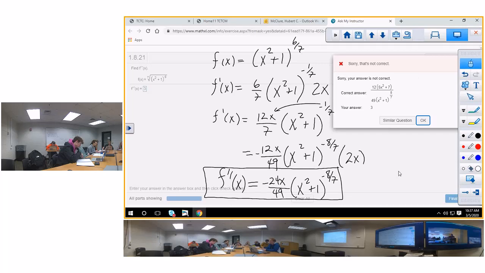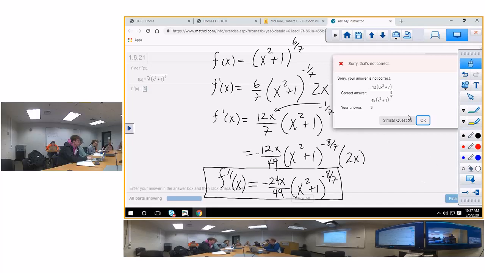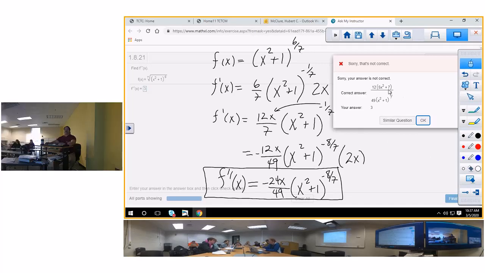I'm sorry, folks. I have no idea where they got that 5x squared plus 7. They got x squared plus 1 right here. That's what I got. I don't know where they got that. I don't know where they got that question from. There's not even a 5x plus 7 in the problem.